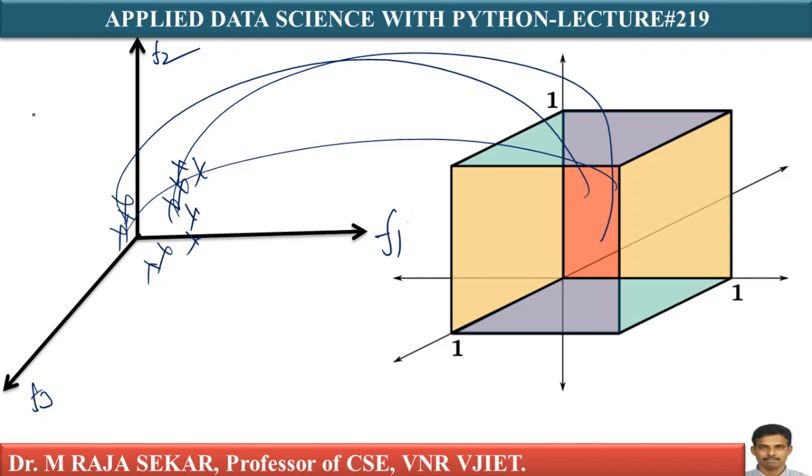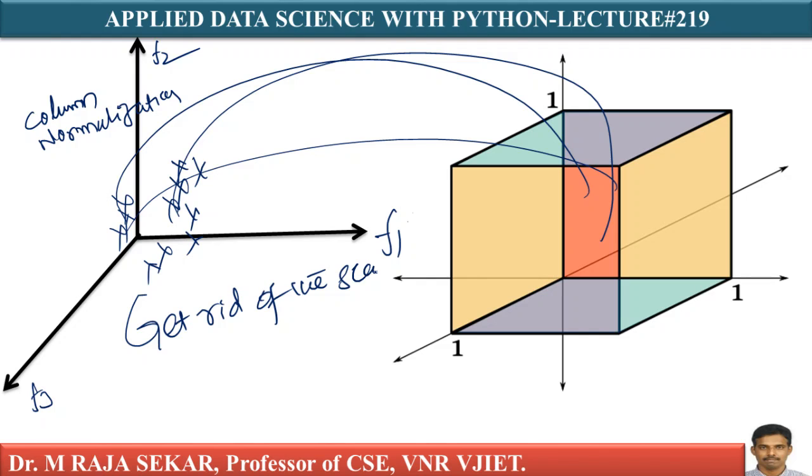This is known as column normalization. This is known as feature normalization. What is the basic advantage of this? You can get rid of the scale. That is the basic idea, the motivation behind it. So column normalization will take the data and put all of it in the unit cube.